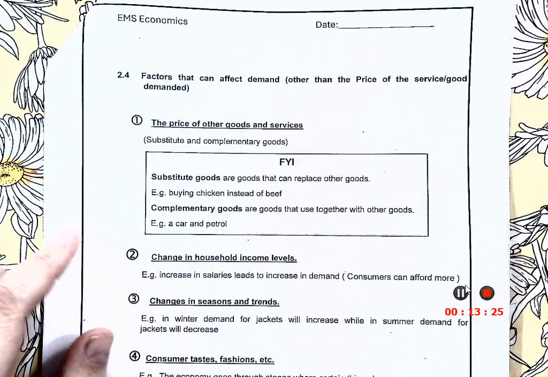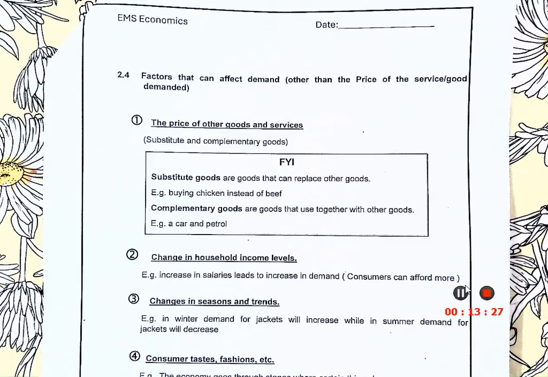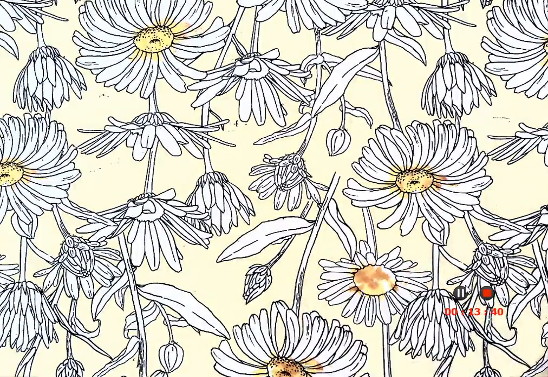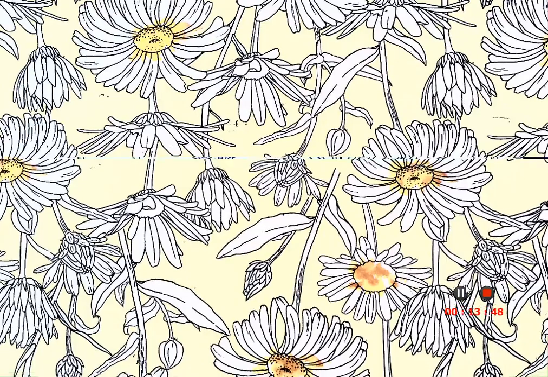So now comes in, but is it only price? Listen to me. Is it only price that will influence demand? No, definitely not. Now, without looking at your page, let's quickly think. What else will influence demand? Yes. Okay, supply.